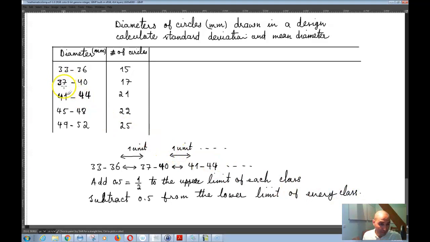So if you subtract 0.5 from 37, it becomes 36.5, and add 0.5 to the upper limit 36, that becomes 36.5. The same thing happens in all of your classes, and then all of your classes become continuous.